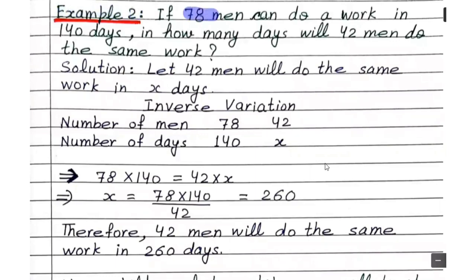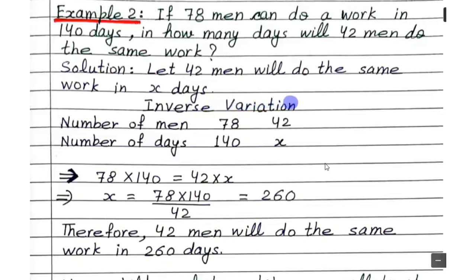If 78 men can do a work in 140 days, in how many days can 42 men do the same work? Now students, it is a question of inverse variation, right?